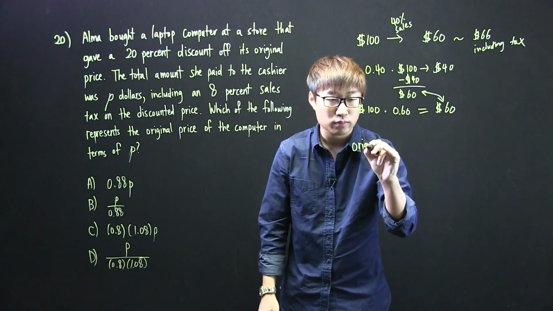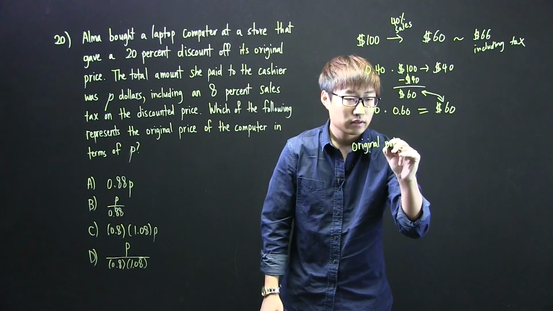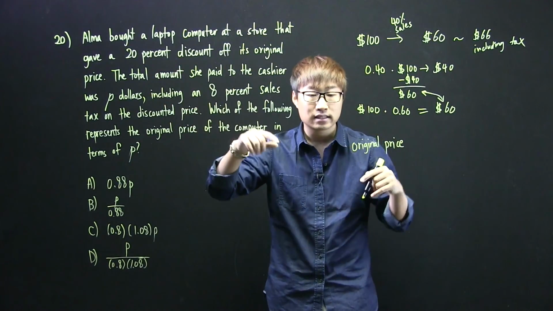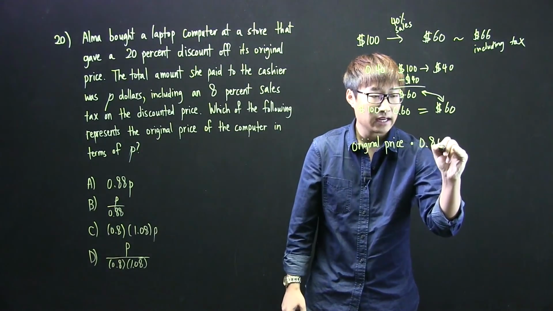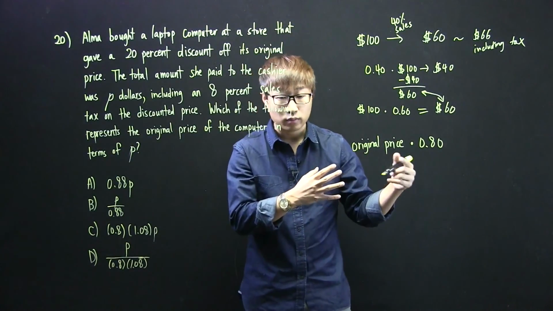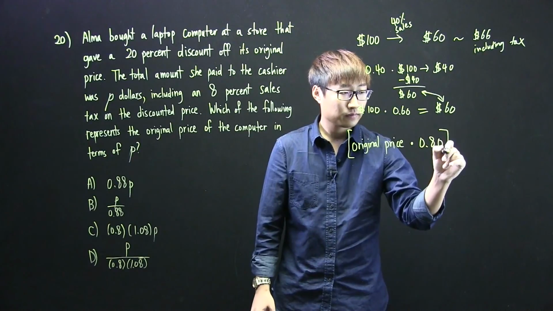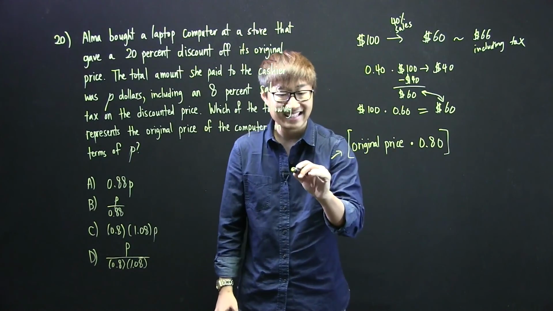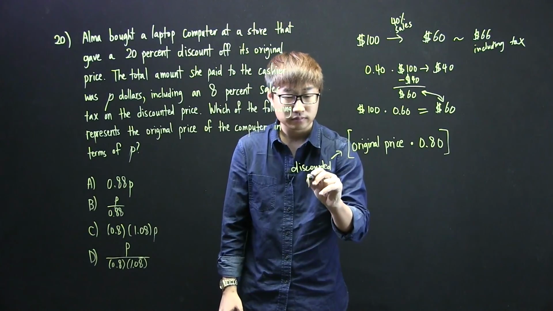So I'm going to say original price, I don't know, right? And she paid 80% of that. So 80% of the original price is the amount that it was on sale for. So that portion is the discounted price.